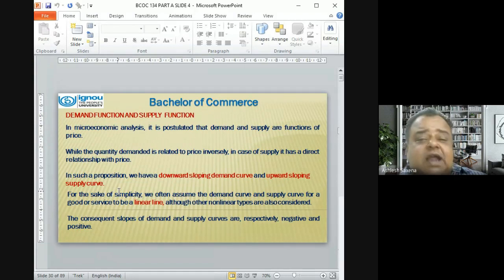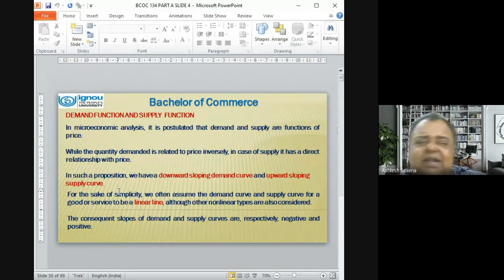First of all, we will start with demand function and supply function. In microeconomic analysis, it is postulated that demand and supply are functions of price. While the quantity demanded is related to price inversely, in case of supply, it has a direct relationship with the price.